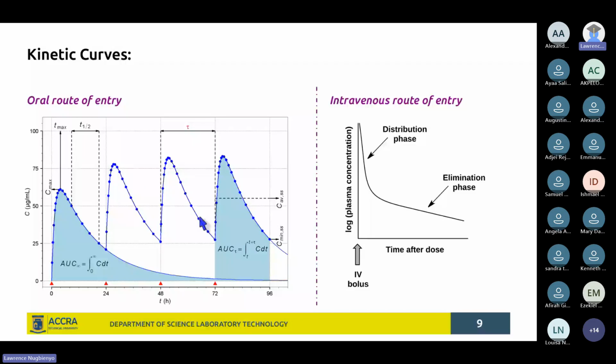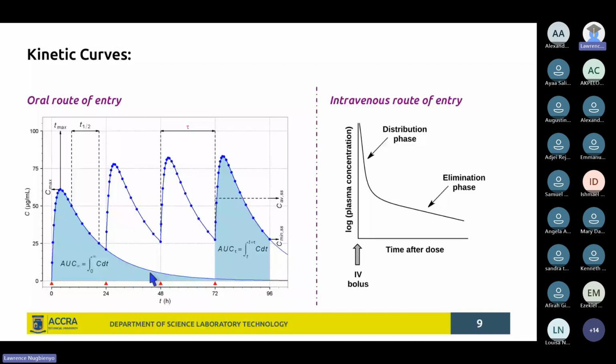You can also see some figures that are being shown. For instance, the AUC you see there is referred to as area under curve. It's a measure of the total exposure of the body to a xenobiotic.